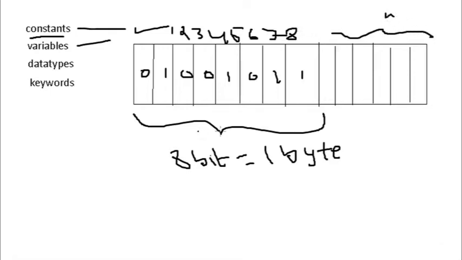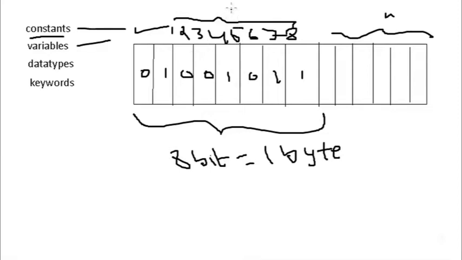And when we store some values in our computer memory, when we want to use that in our program, what we need to do is refer to this address or the location where our value is stored. But accessing the value stored in memory by using its address is very difficult. That's why we're going to give a name to this memory location so that we can easily remember and refer to it.